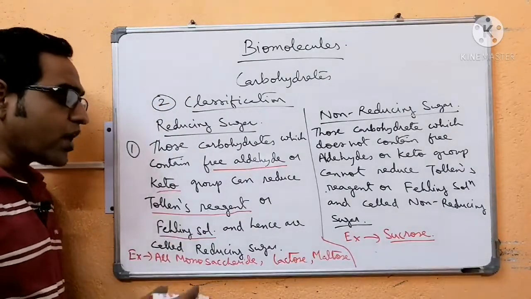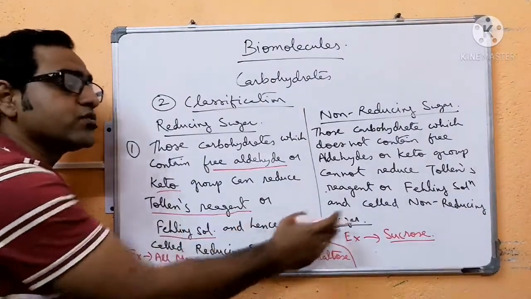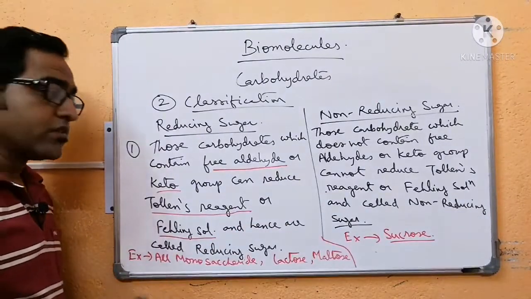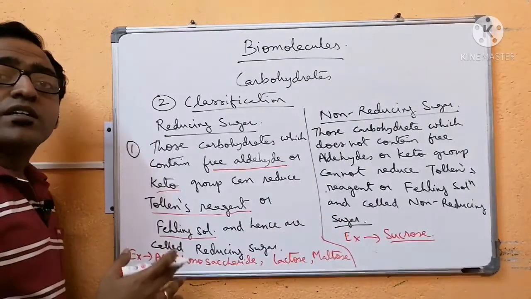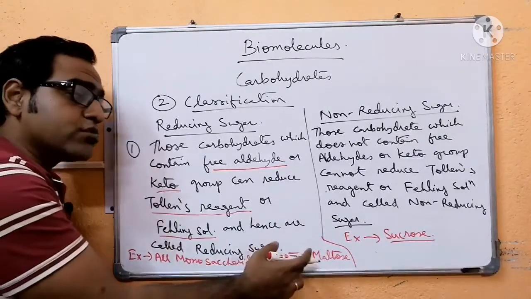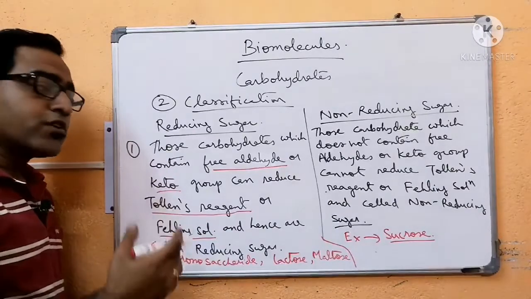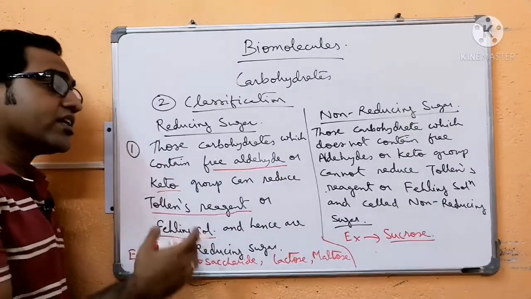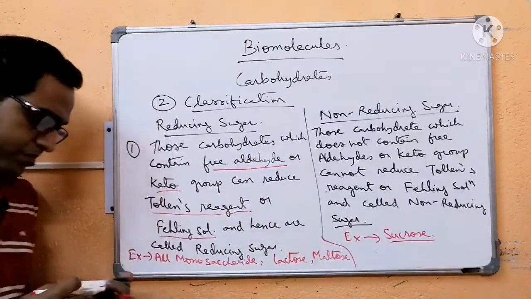Afterward, I will tell you why lactose and maltose are reducing sugars while sucrose is non-reducing. Lactose, maltose, sucrose are all disaccharides, but these two are reducing and sucrose is non-reducing. That we will discuss afterward with the structure, where there is free aldehyde or keto group or no free group.